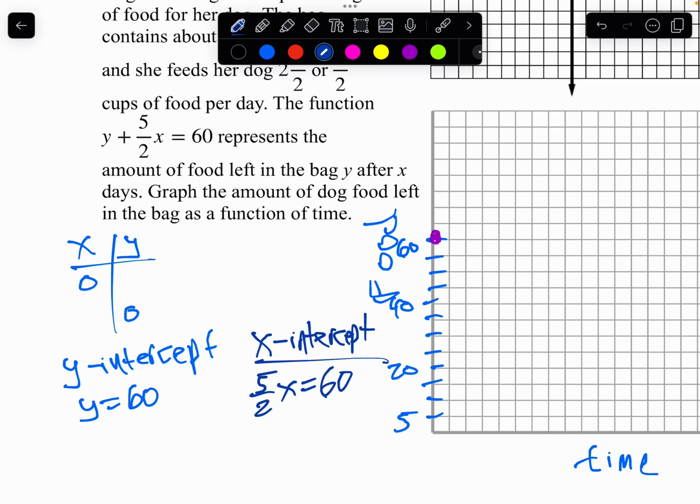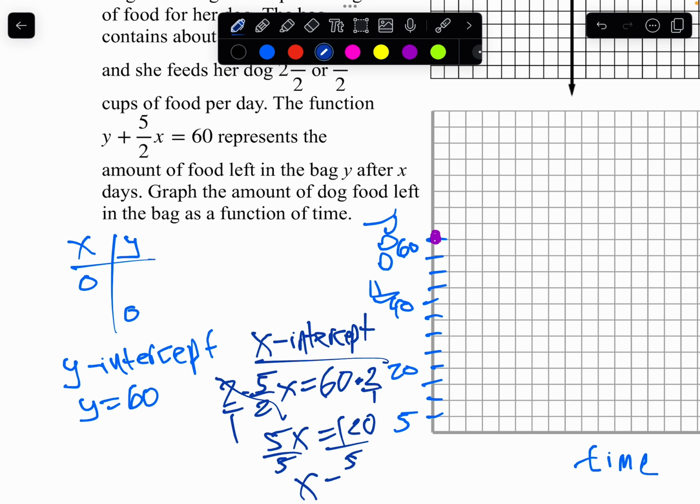I'm just going to solve that equation, multiply both sides by 2. Remember, reduce your 2s on the left side. You don't multiply 2 times 2. It's actually 2 over 1 if you think of it that way. So it's 5x equals 120. Then I'll divide by 5.